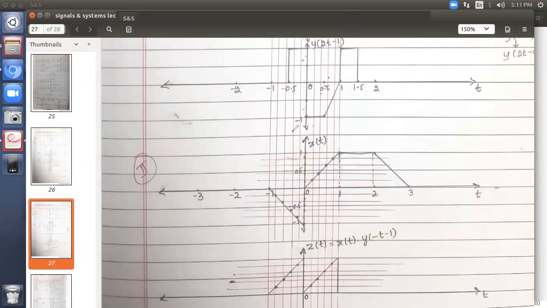If you multiply, try multiplying from the leftmost: no value, no value, till 0.5 you check.